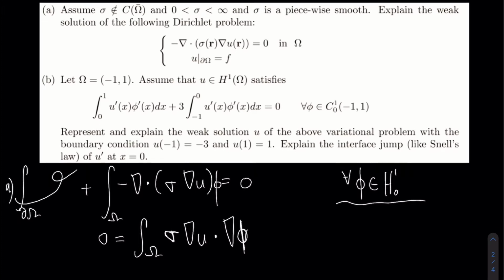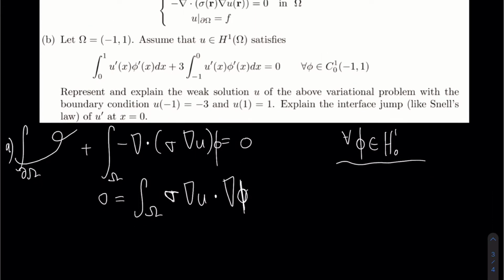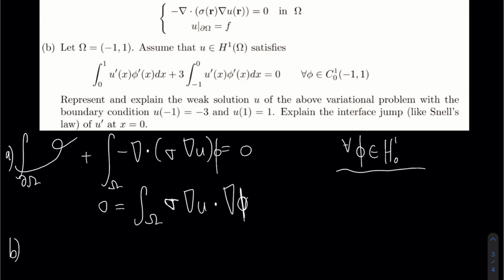All right, now let's move on to part B. Notice that we have a 3 here and a 1 here. So maybe we can write our sigma as a piecewise function: it's 1 if x is in (0, 1), and 3 if x is in (-1, 0).